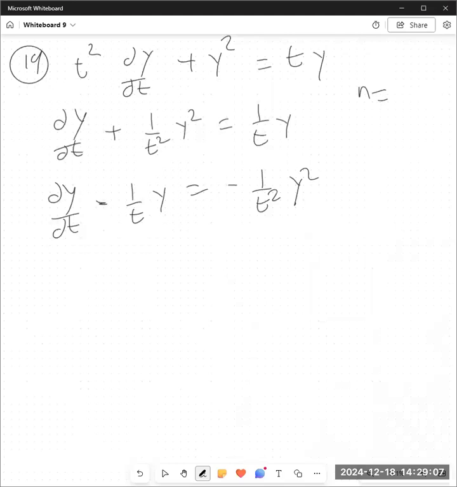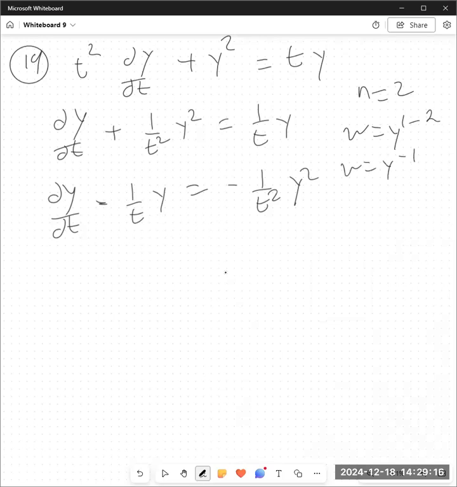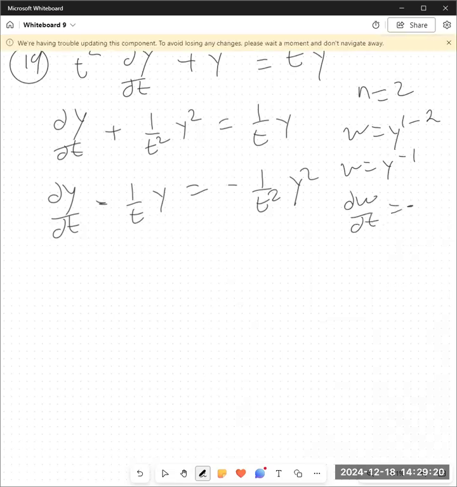Here n is equal to 2, so w is equal to y to the 1 minus 2, w is equal to y to the negative first. So dw/dt is equal to negative y to the negative second, dy/dt. We're going to multiply everything by negative y to the negative second.